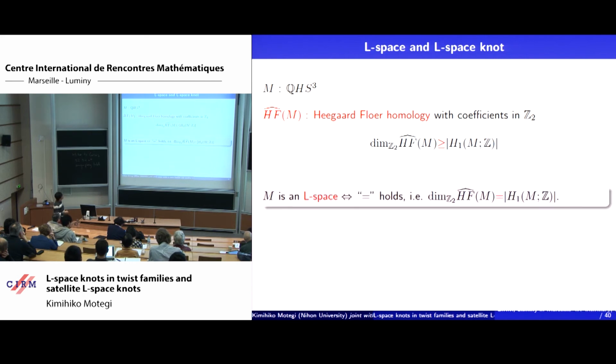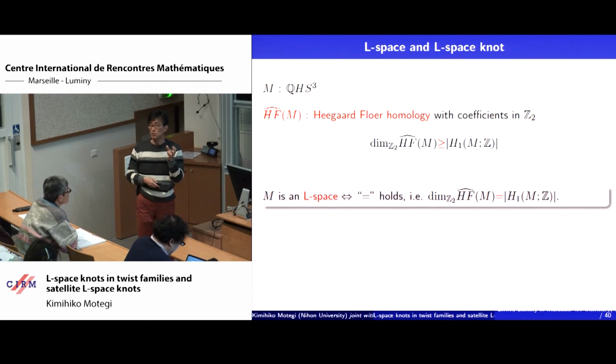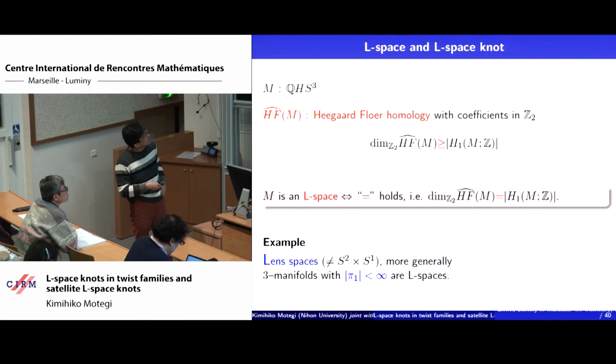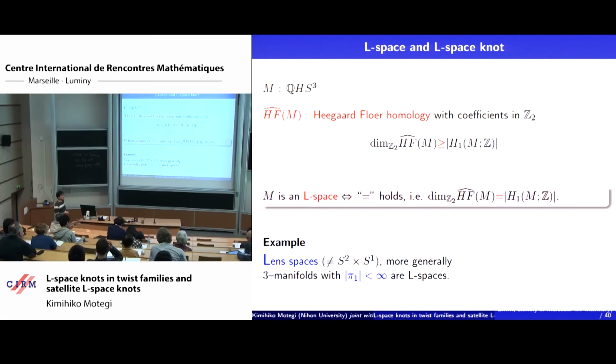And if equality holds, then we call M an L-space. So an L-space is a rational homology 3-sphere having the simplest Heegaard Floer homology. And as the name suggests, lens spaces, other than S^2 x S^1, which is not a rational homology 3-sphere, and more generally, elliptic 3-manifolds are L-spaces.